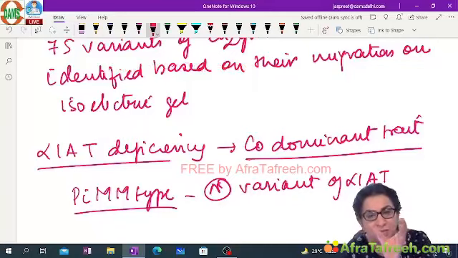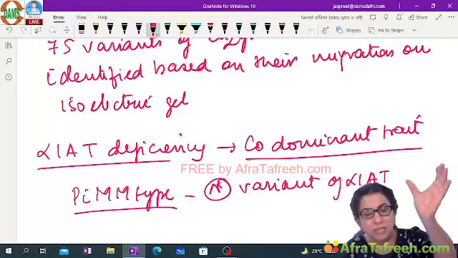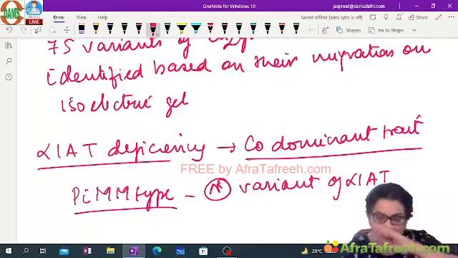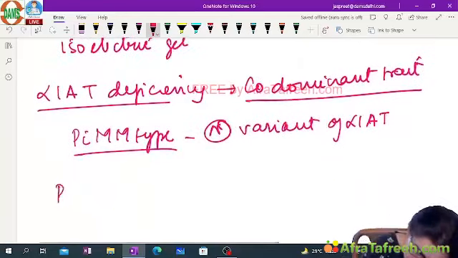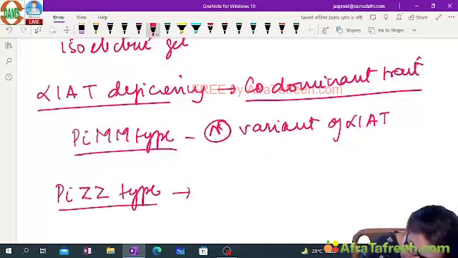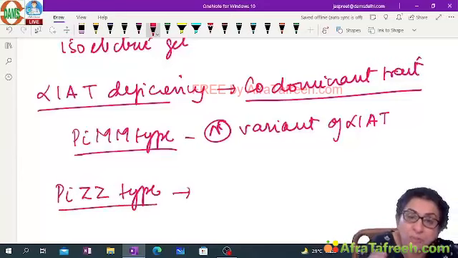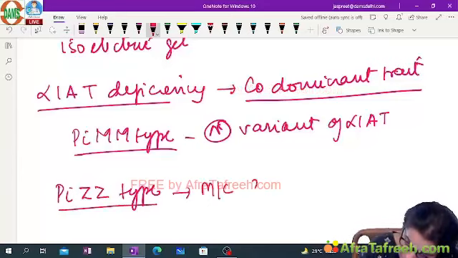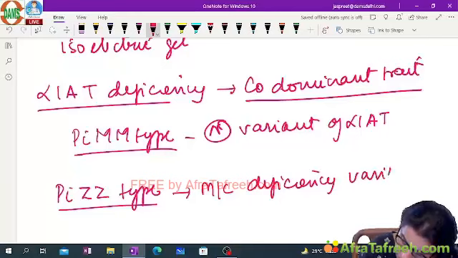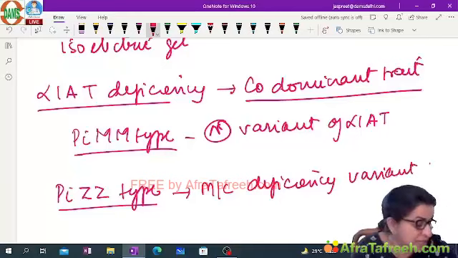This normal alpha-1 antitrypsin keeps the proteases produced in the lungs in check. Then there is a type called PiZZ type. Now PiZZ type is the most common deficiency variant, which is not normal.